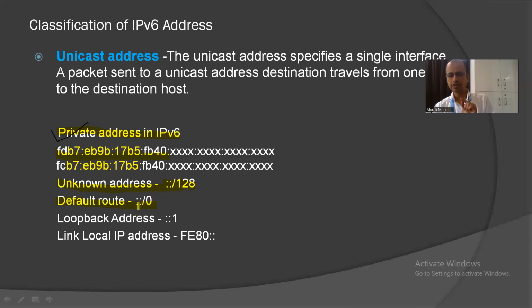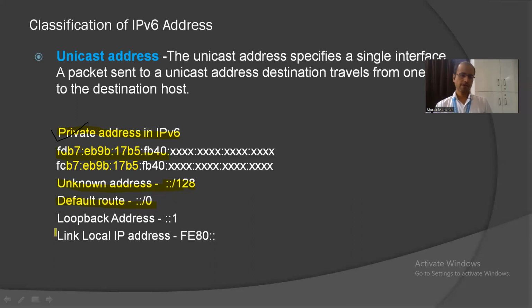Actually, I have written here the abbreviated form of IPv6. If you expand it, it is 4 zeros, colon, 4 zeros, colon, 4 zeros, and in this way, in 8 groups, you have to represent zeros, and then finally slash 128. That's why I have abbreviated it and written colon colon slash 128.